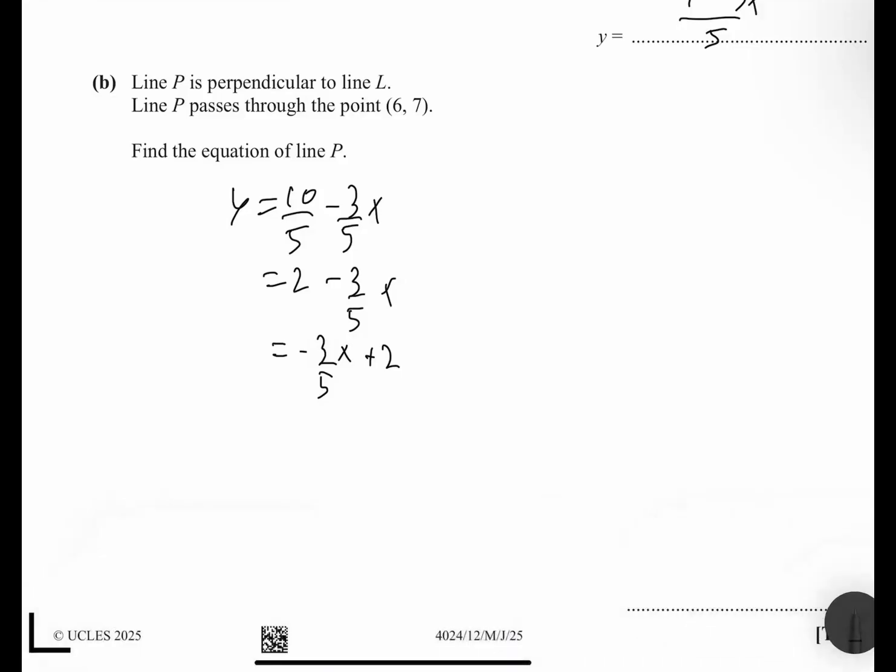So since minus 3 by 5 is the gradient of line L, the gradient of line P would be the negative reciprocal of that. So this is negative, it will be positive, and it will be 5 over 3.